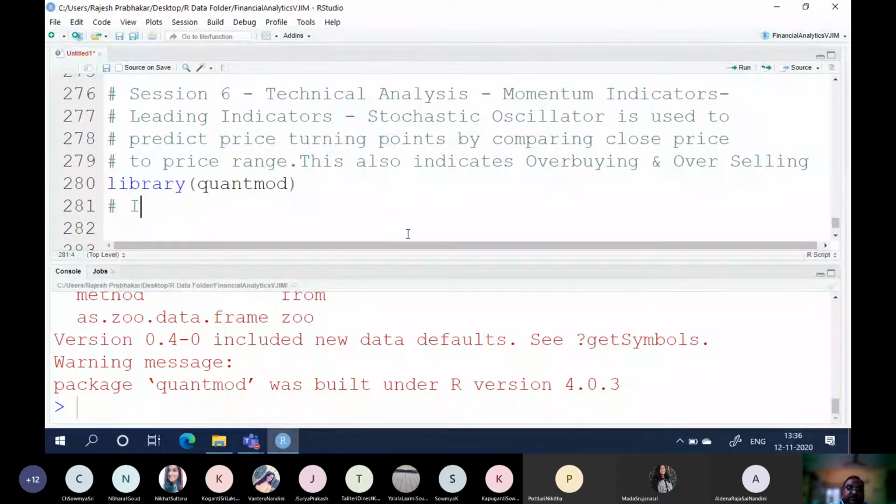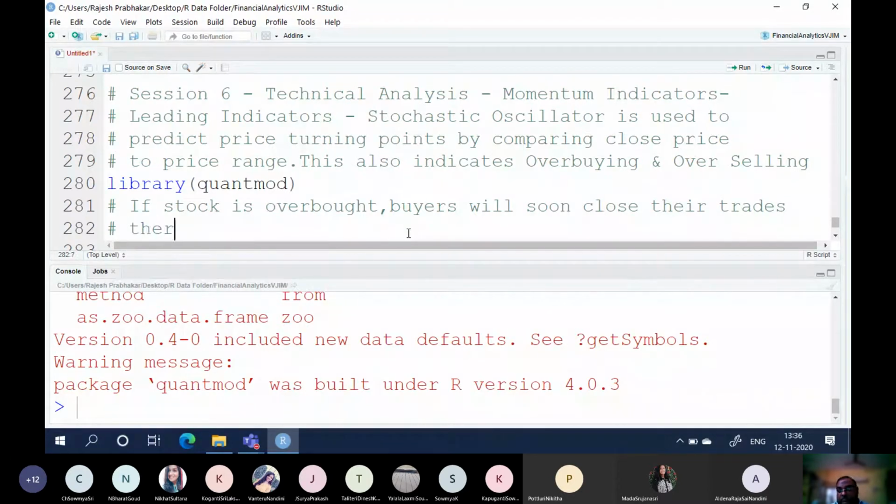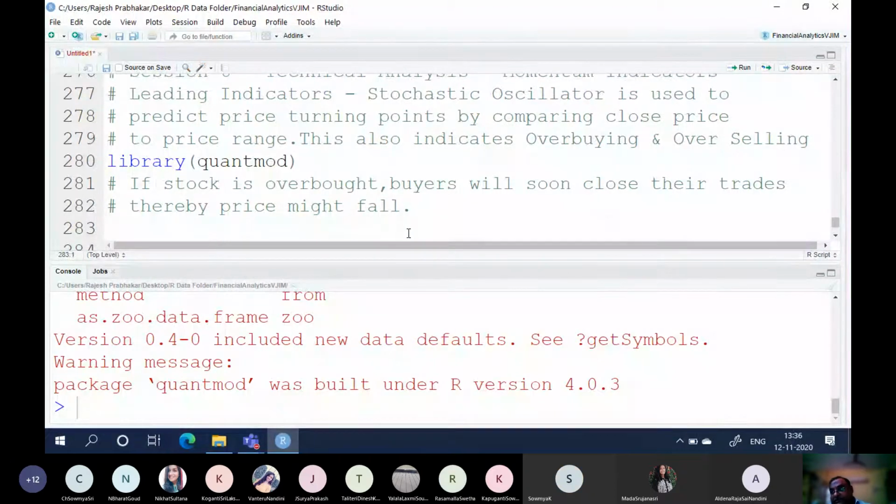So the logic is, if a stock is overbought, buyers will soon close their trades, thereby the price might fall. So that is the overbought category.